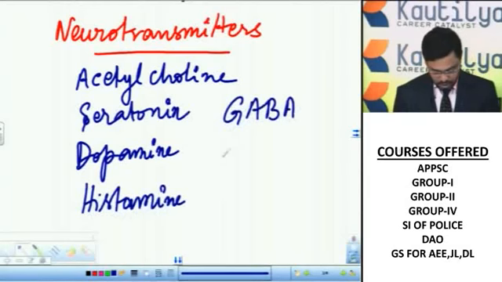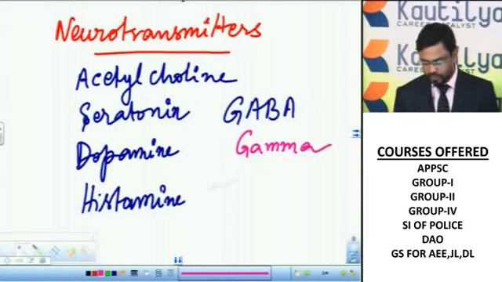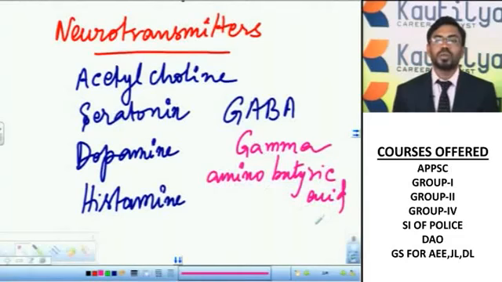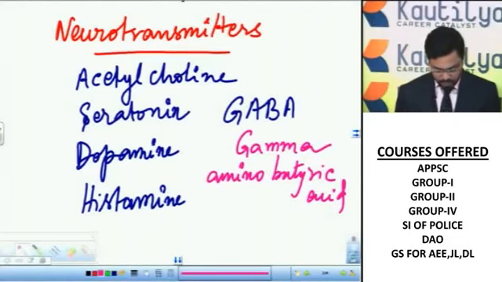GABA means gamma aminobutyric acid. These neurotransmitters are useful for better transmission of the nerve impulse. They may be excitatory or inhibitory in function.